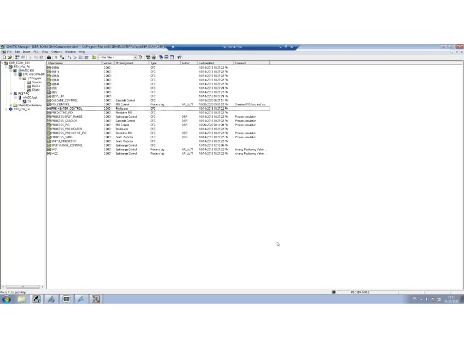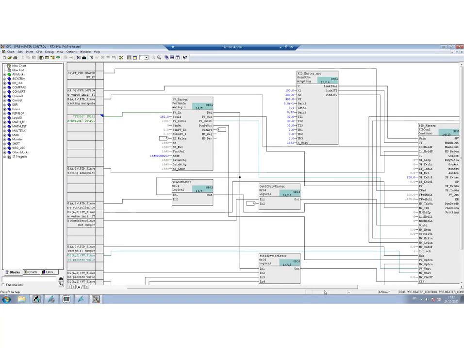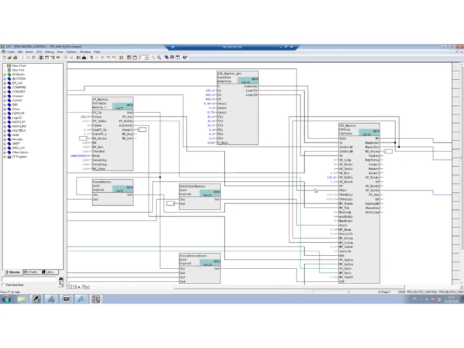Well, let us have a look at our example of the control of a preheating furnace implemented in Siemens PCS7, right, using an emulated process. We can have a look at the preheater control, and what you see over here is the master controller.